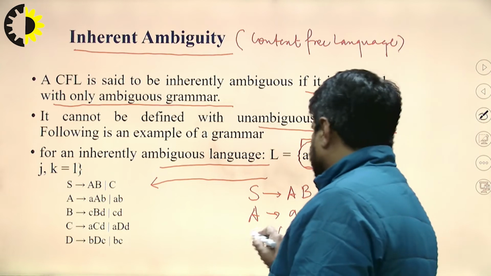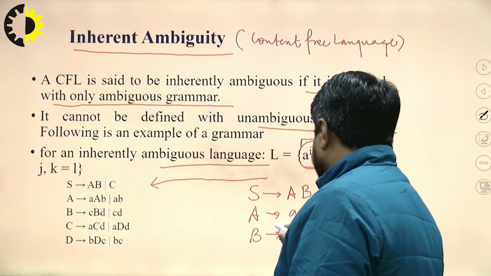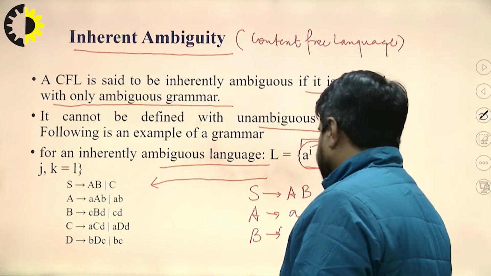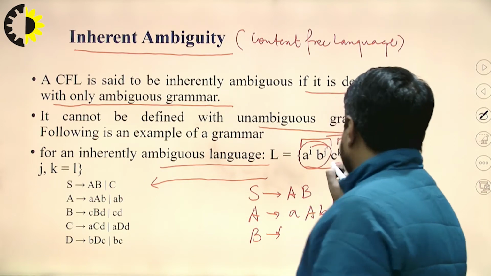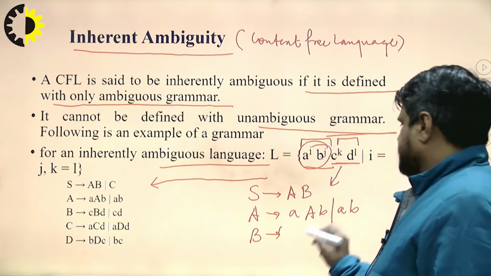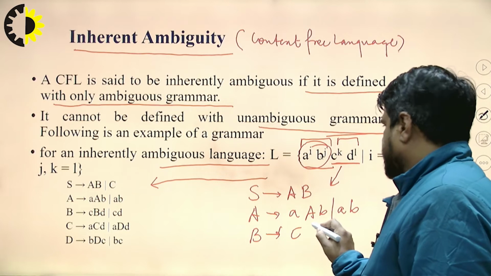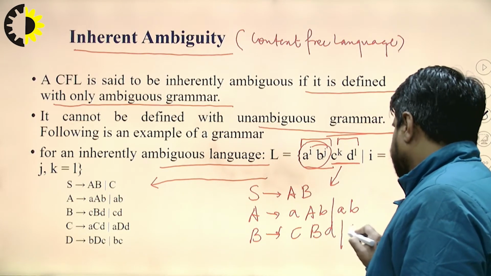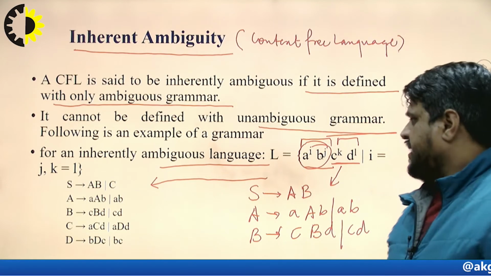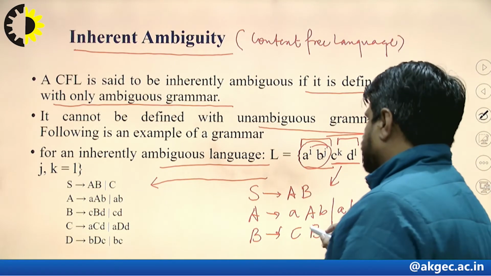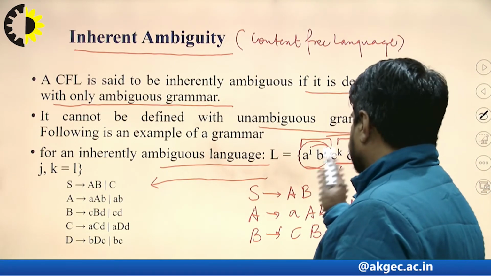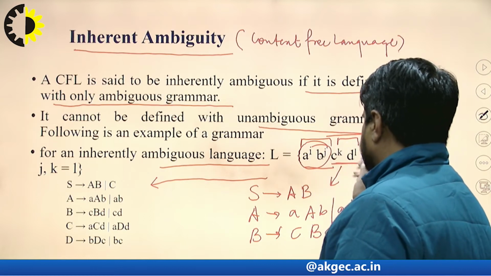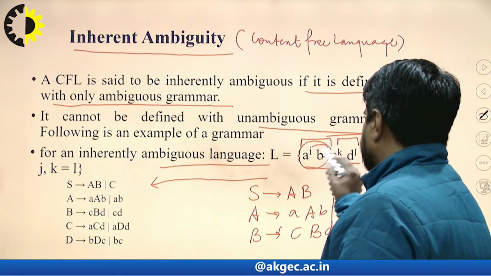Similarly, what is the value of B? The value of B will be this one. For this one, you will write down the production: C, after that B, D, or CD, right? What happens if these are not equal? It means the values will differ.